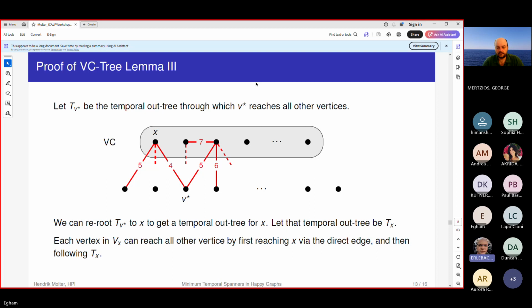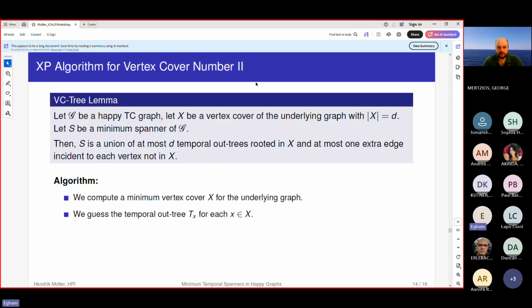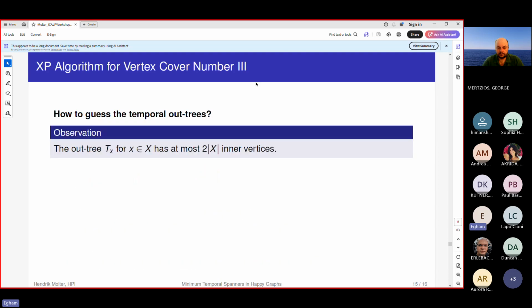How about enumerating all the out-trees? Would that be more difficult if it was proper? Yes. Well, good point. That's for the lemma, that's not relevant. But this guessing step here assumes that once we know how the structure of this out-tree looks like, it's already immediately clear which labels we use.